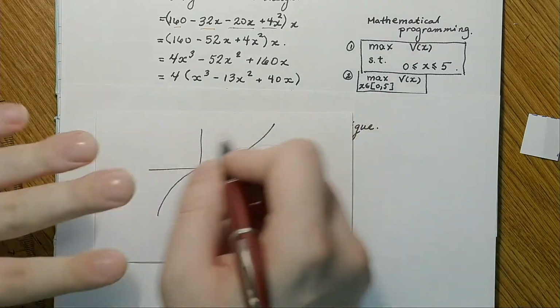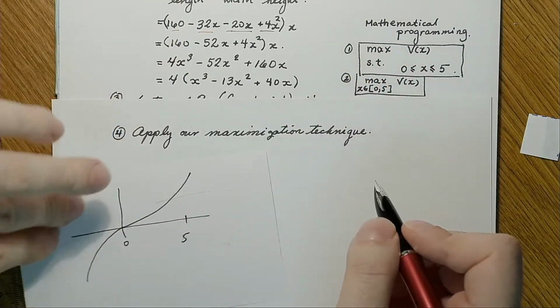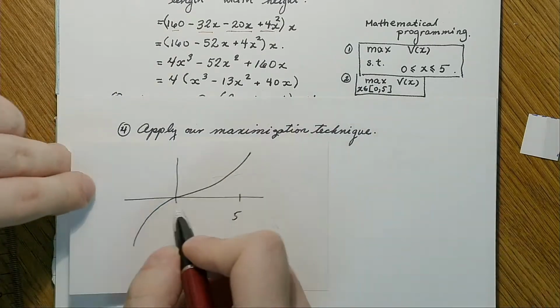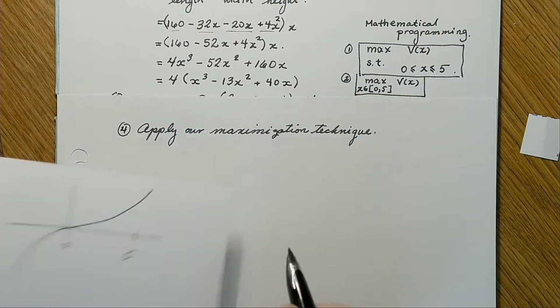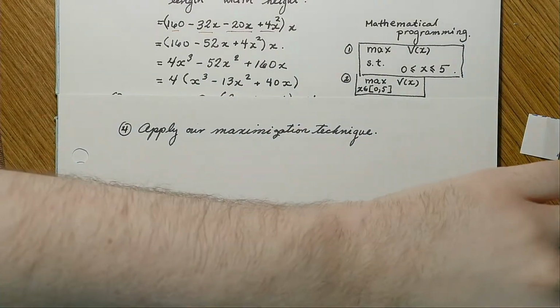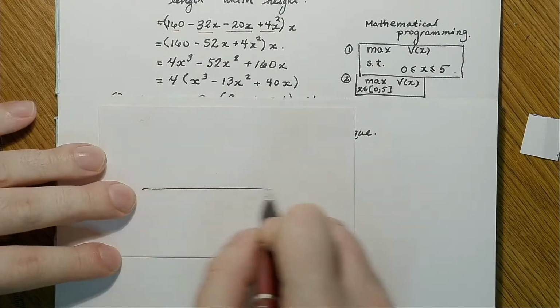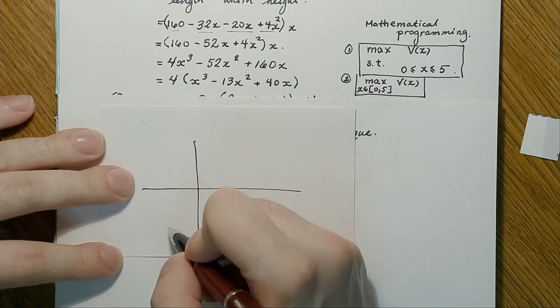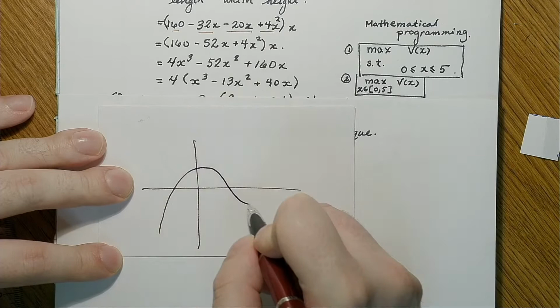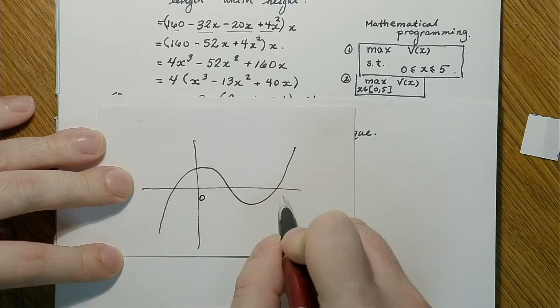Again, I don't know where the bends are in it yet, but for instance, it could look something like that. So again, from 0 to 5.